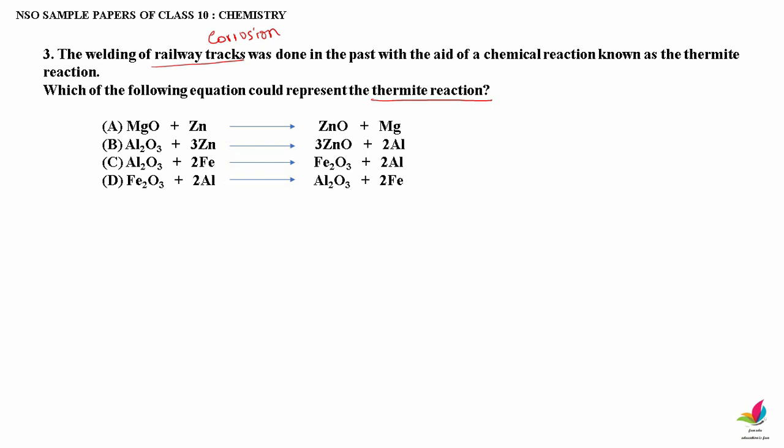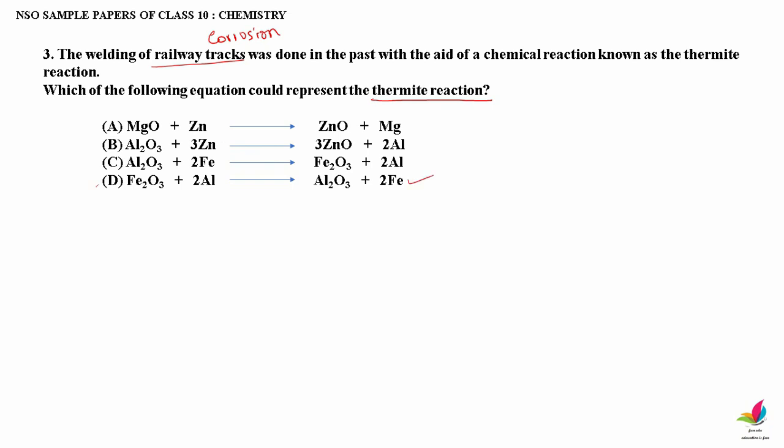In the first case it is not possible, the second case also not possible, the third case also not possible according to the reactivity series. The only possible way is D. So in the first case we got C and D, and according to the reactivity series we got only D. Obviously the answer is D.